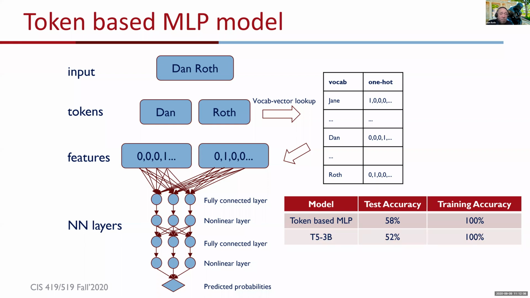It's called the T5 model. It has 3 billion parameters. 3 billion is a large number, more than the number of names that we have in the world. Again, training accuracy is 100%, but test accuracy is even worse. It's only 52%. So what's happening here?